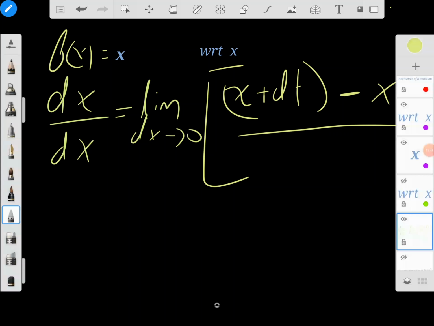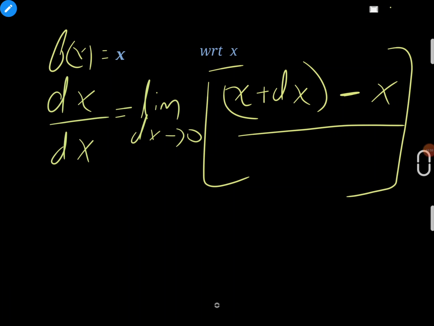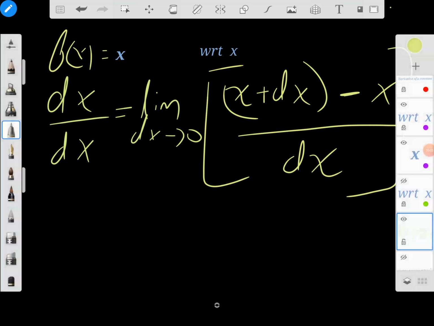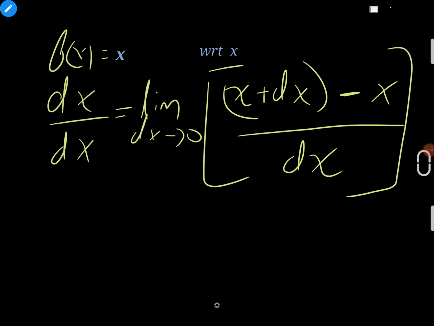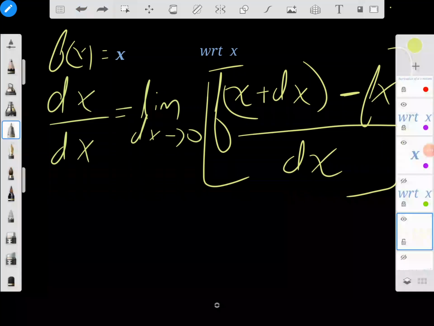I'm really sorry, I keep going to the variable t. Now why didn't I write f of x plus dx here and f of x here? Because both are the same thing. f of x is equal to x itself.